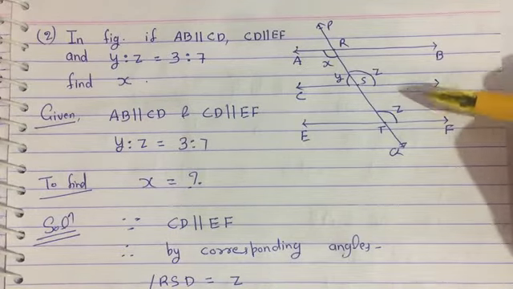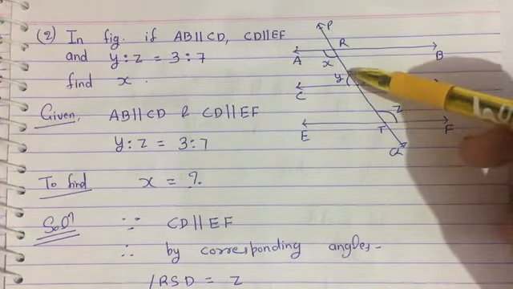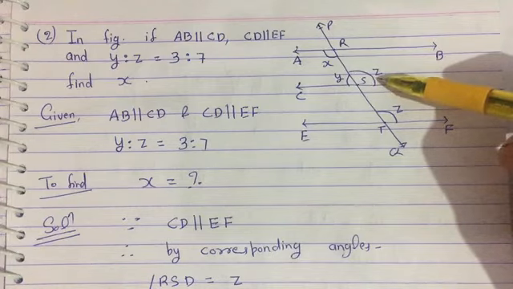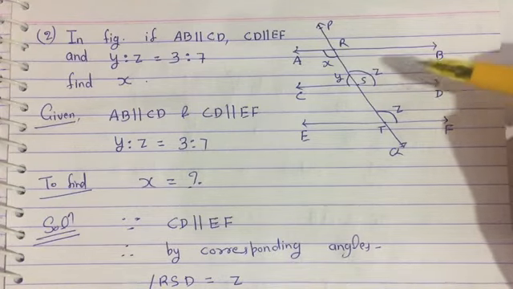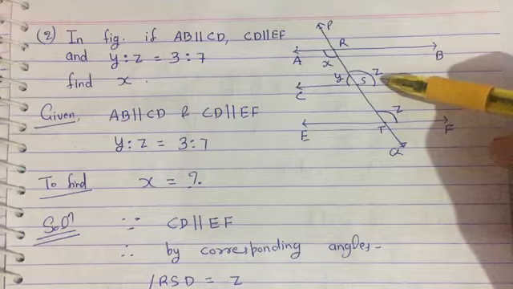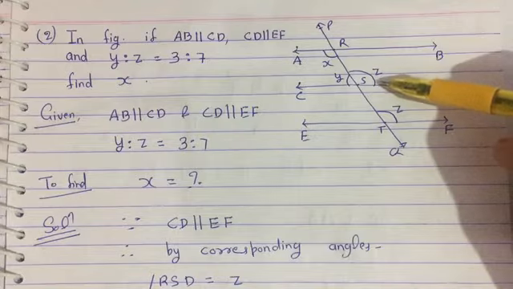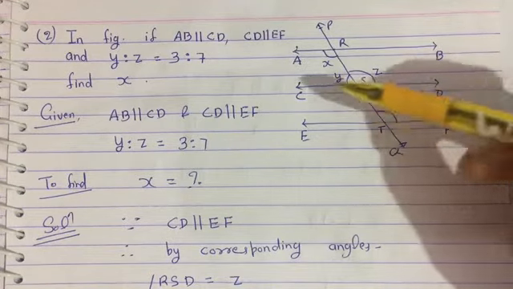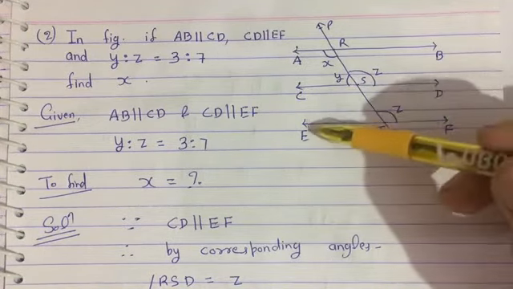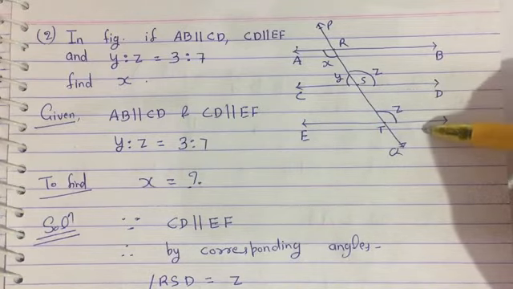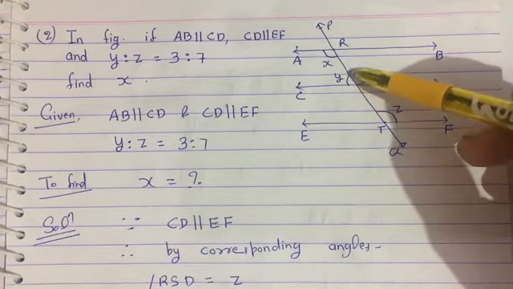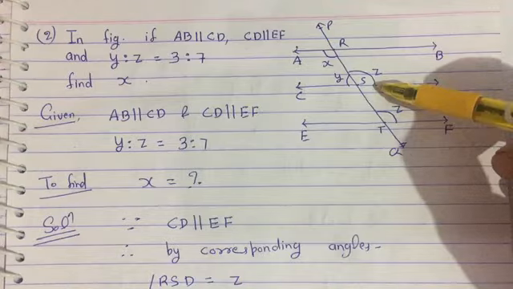Angle z is not written in your figure. The figure given in your book does not have it; this is written by me, because lines CD and EF are parallel to each other. So what is the name of this angle?